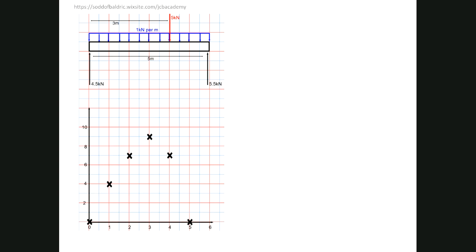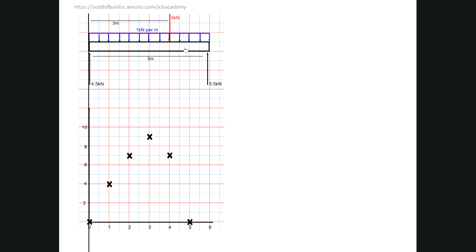But what we're going to do first is we take our beam and we start at one end. Now I'm starting at this end, so I'm going to call this 0. So at 0 meters, I discount everything to the right hand side of my line.